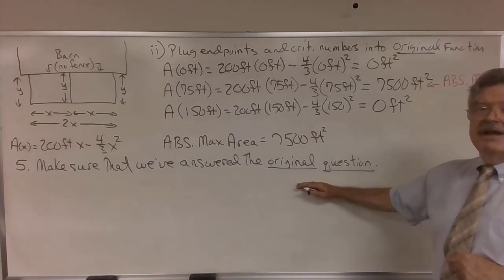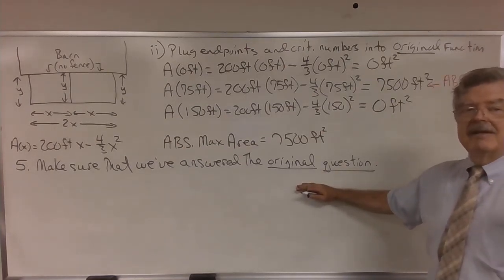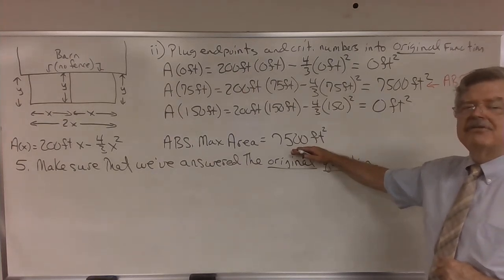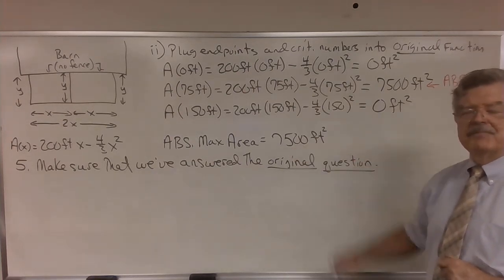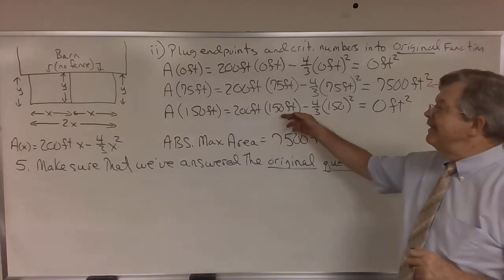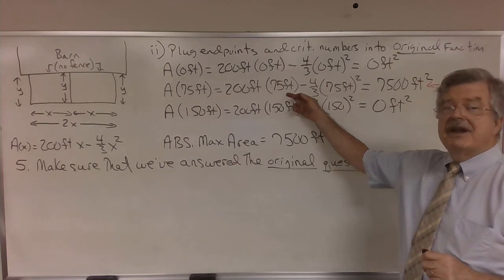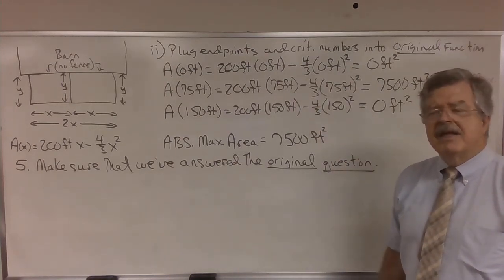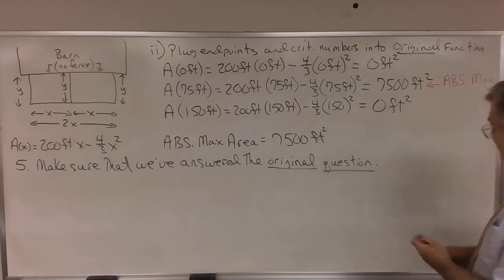And this step is tailor-made for me because a lot of times I just don't do this. I get an answer and I just automatically assume that this was what I was looking for, even though it's quite possible that I got so involved in the details earlier on that I might have actually forgotten what it was I was actually trying to do. So I need to look at the original question.